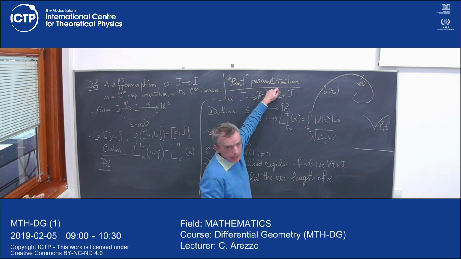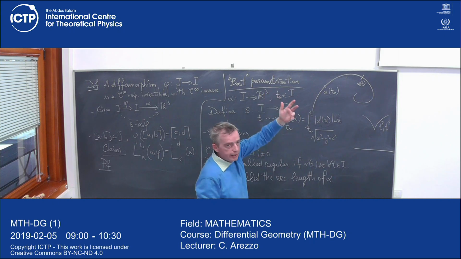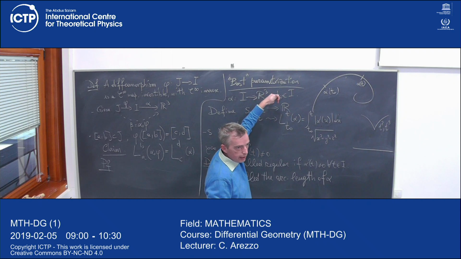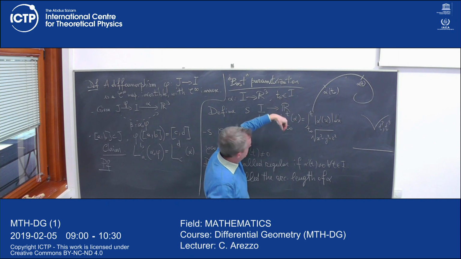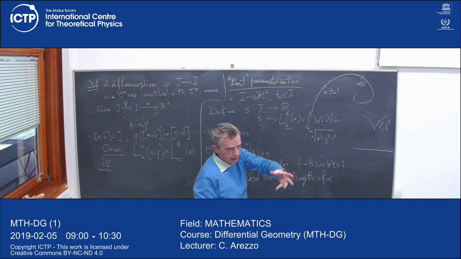But if I had taken another point, suppose you prefer another time as a starting time. I call it the starting time because how much is S of T naught? 0. So this is a point where this map goes to 0. If you prefer another T1, what is the relationship between my arc length and your arc length?